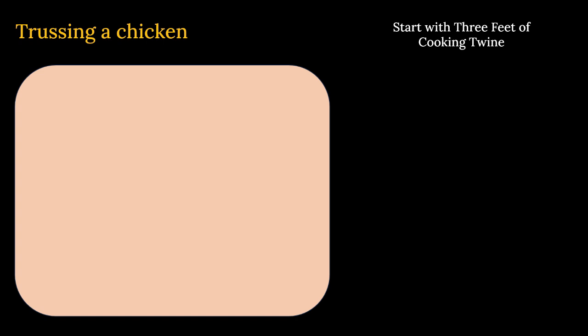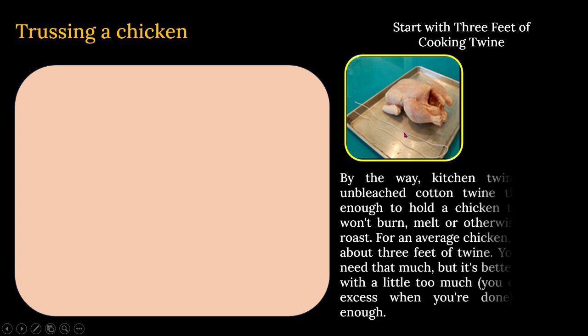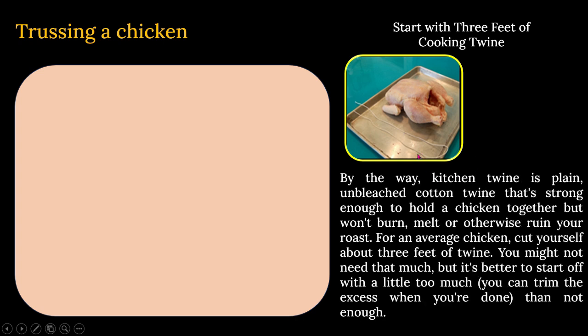Firstly, we'll take a 3 feet long cooking twine or kitchen twine. Like this, you can see in the image. On a tray, a bird is kept, which is dressed along with the skin, because trussing is mainly required for international cooking, and we have to select a bird with the skin. This is the twine in the kitchen. This twine is a plain unbleached cotton twine that's strong enough to hold a chicken together but won't burn, melt, or otherwise ruin your roast.